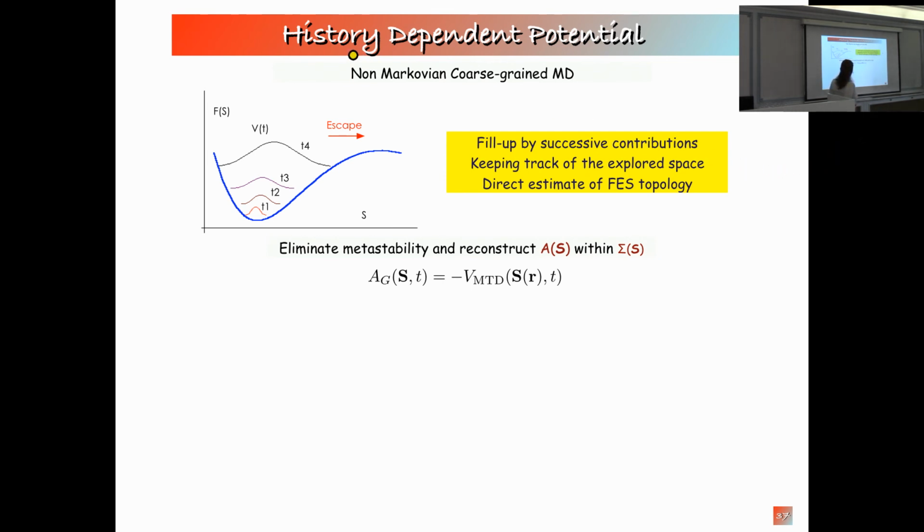As I said, afterwards, by looking at what you needed to escape, you can recover the depth of this potential well, or this free energy well. That's the idea. So you look at how much effort you have to put into the system in order to move away, and then from this you recover the free energy.